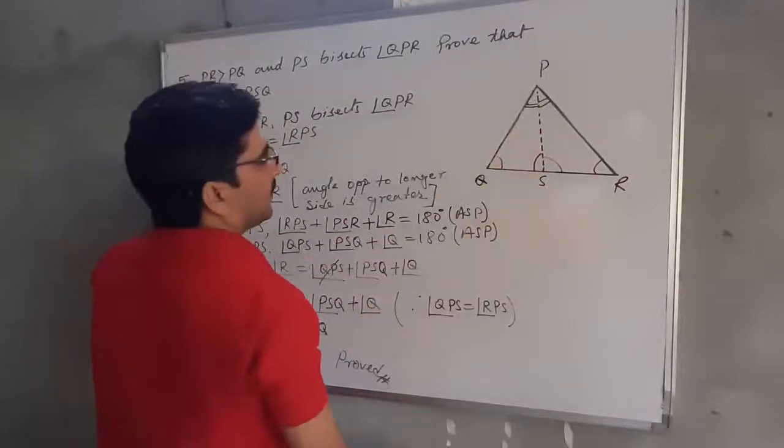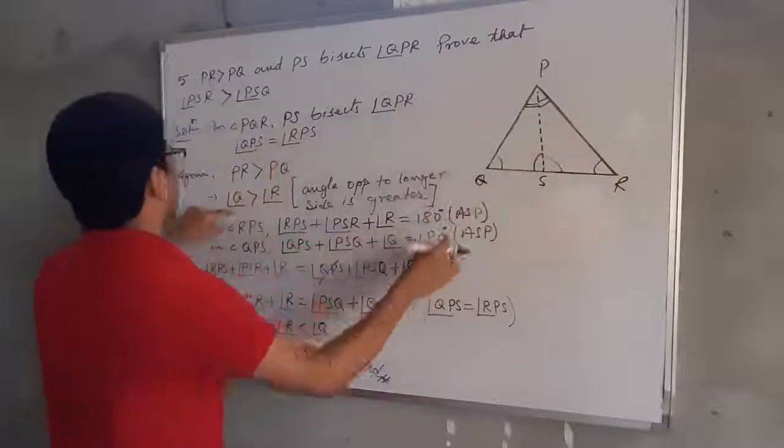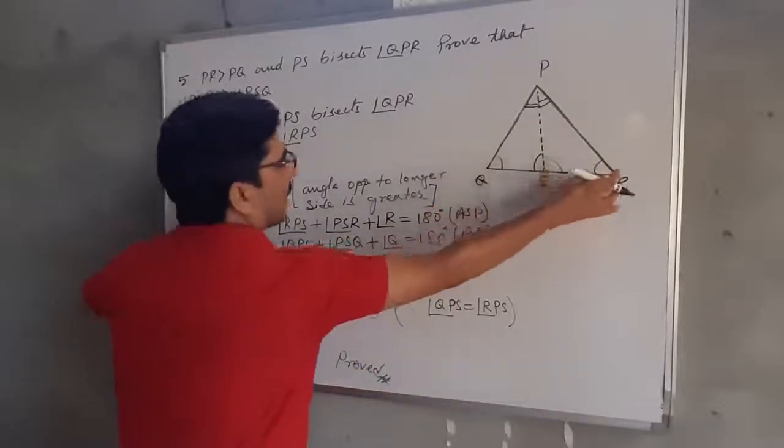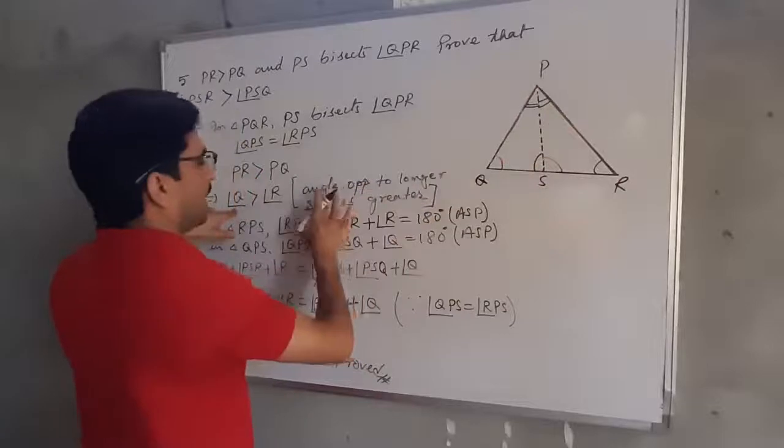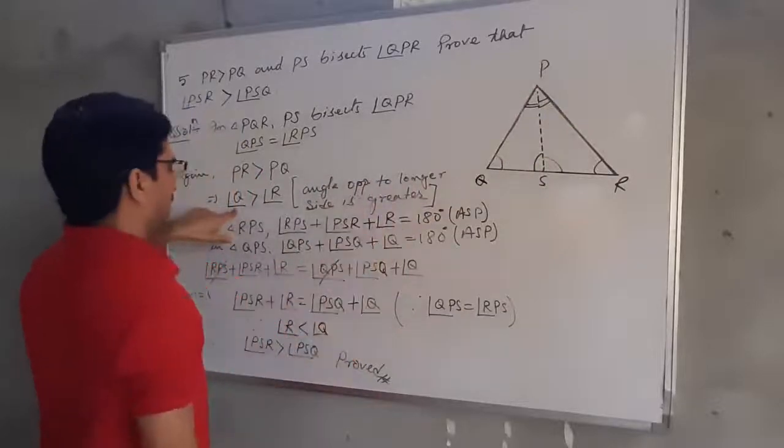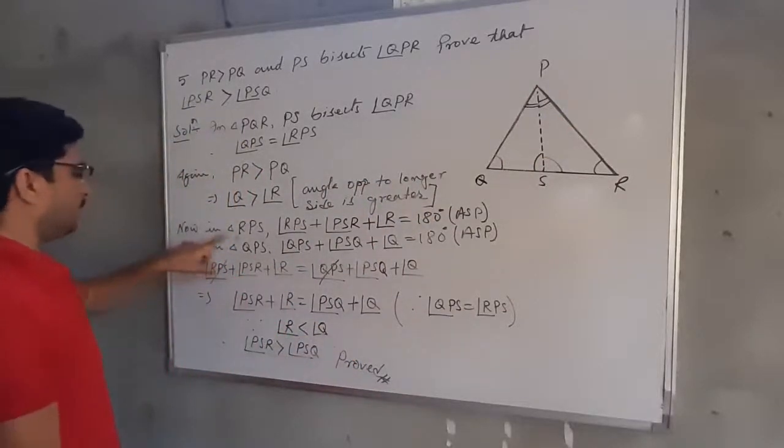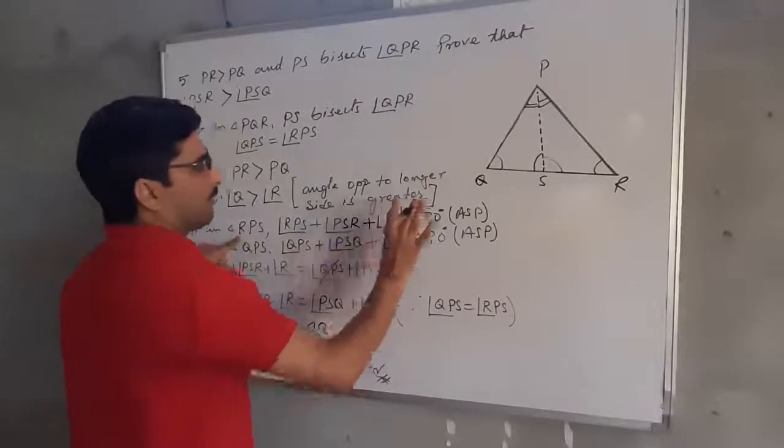Again, PR is greater than PQ. So from here, angle Q is greater than angle R for this bigger triangle. Angle opposite to the longer side is greater. Okay. Now in triangle RPS, angle sum property.